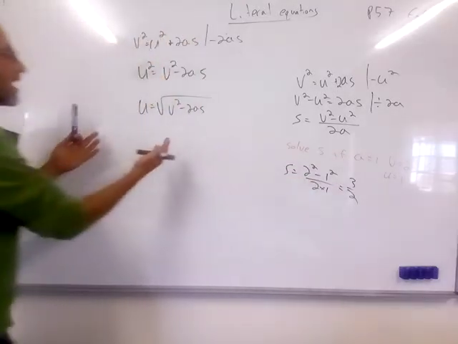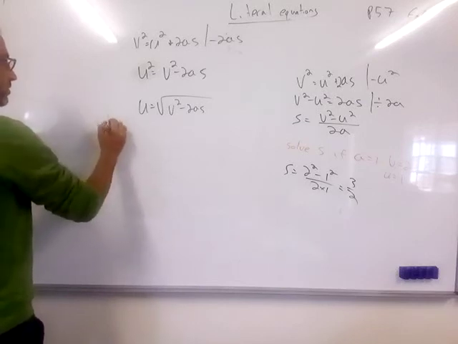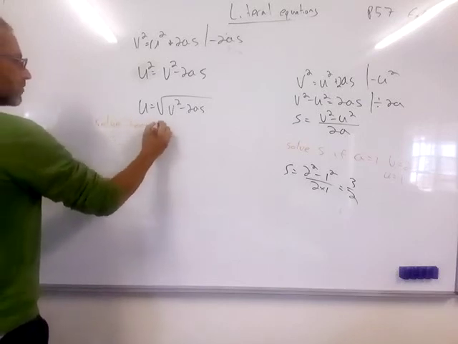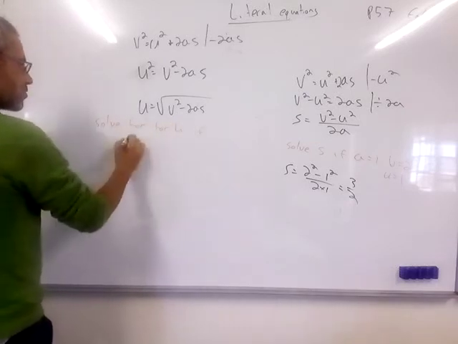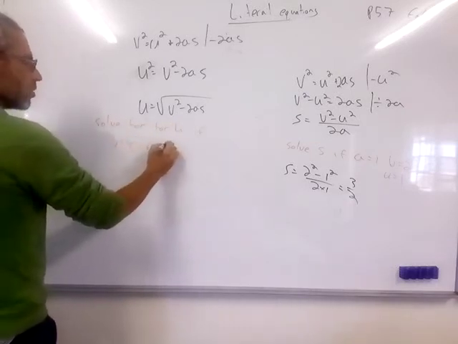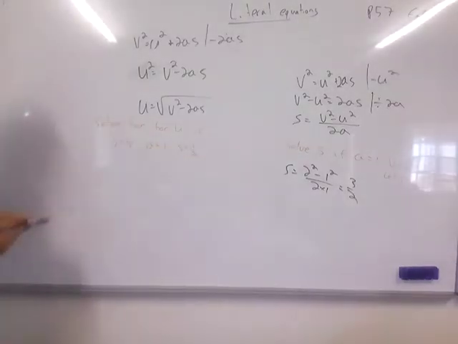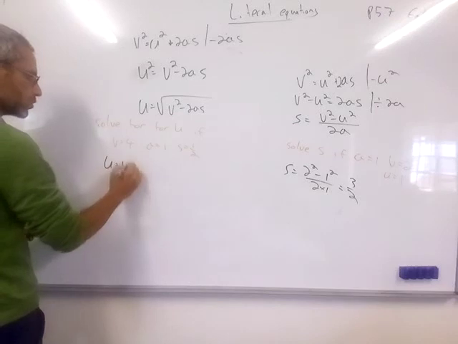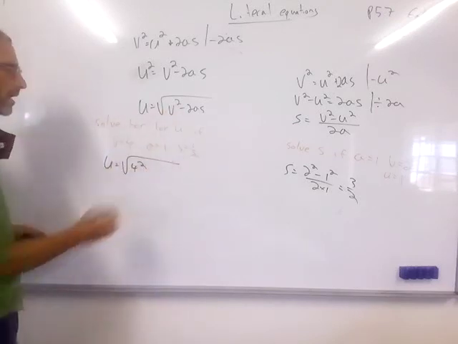And now we can do the same thing here. I can say, solve for U if V equals 4, A equals 1, and S equals half. Okay? How are we going to do it? U will be equal to the square root of, what is V? V is 4, 4 squared. Okay?